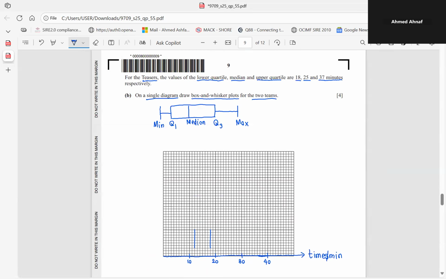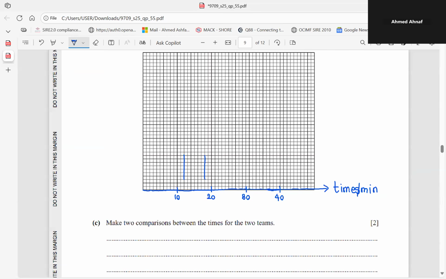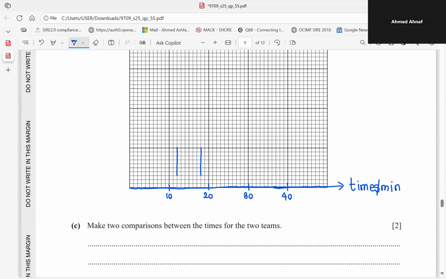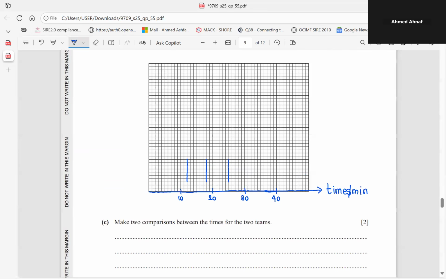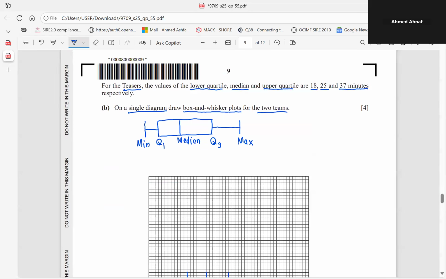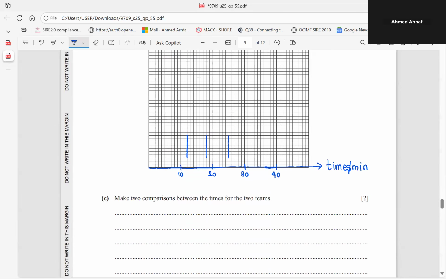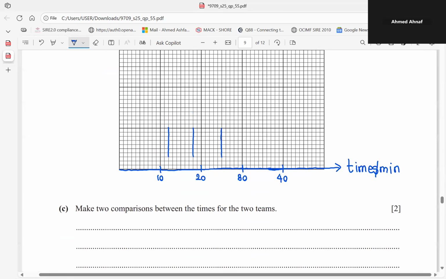And then median is 25, which is 21, 22, 23, 24, 25 right here. And then upper quartile is 37. So that is 40, 39, 38, 37.